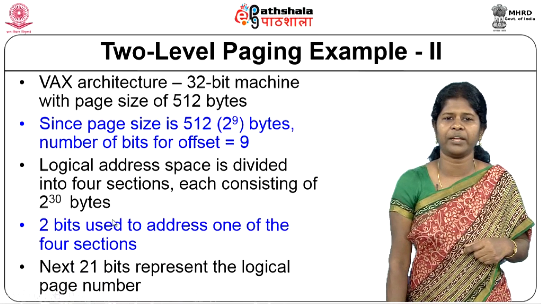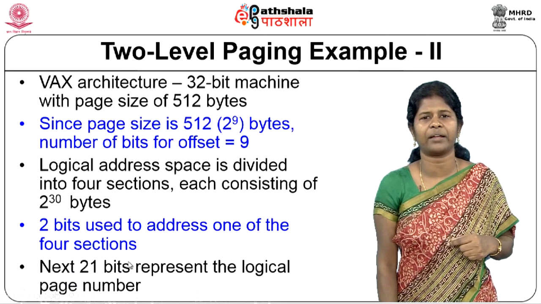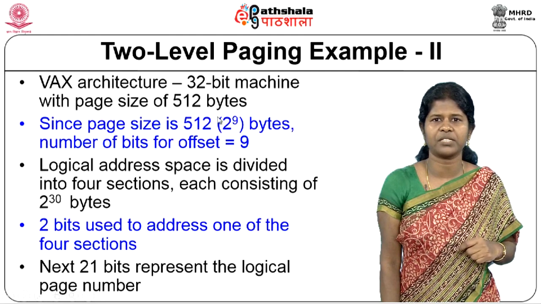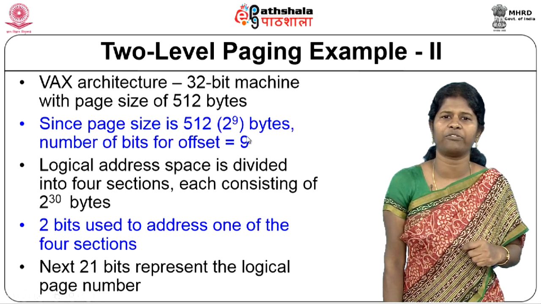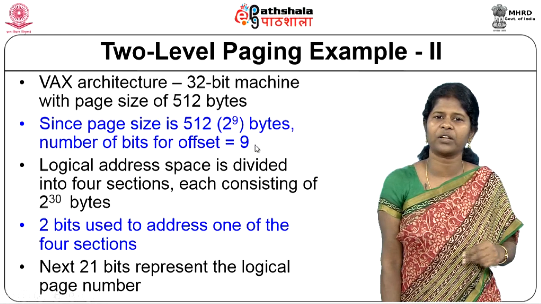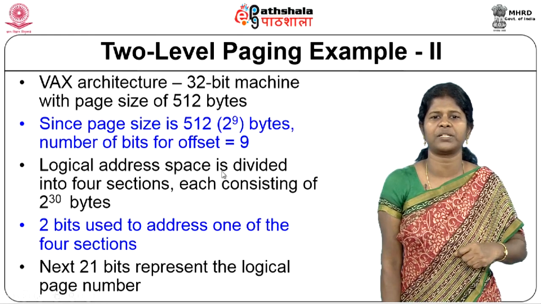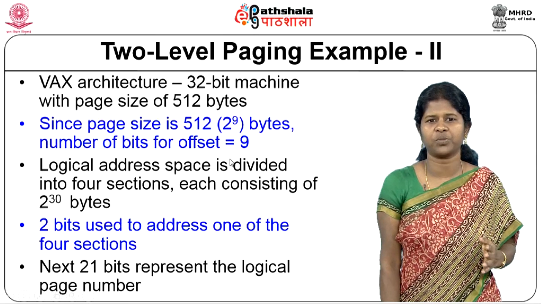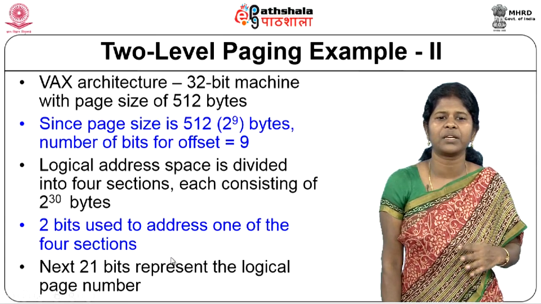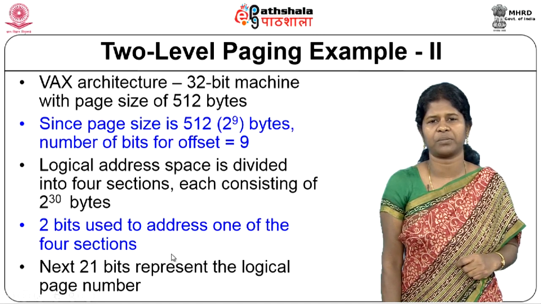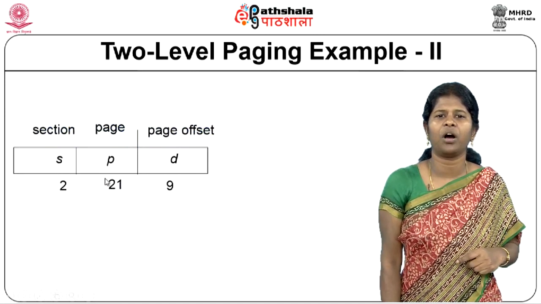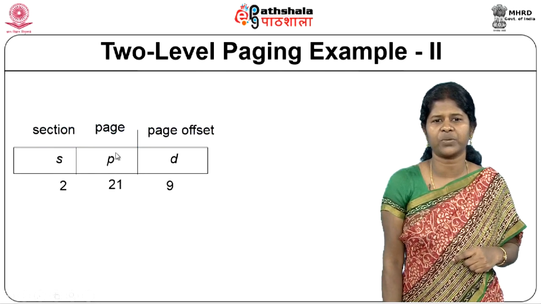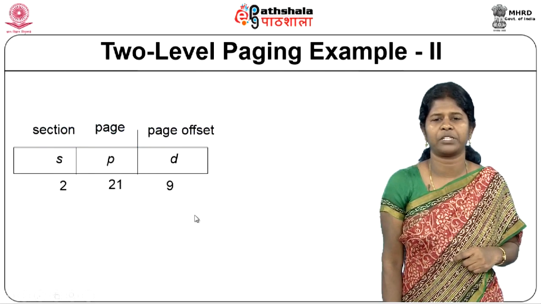Totally you have 32 bits, of which 9 bits will go for the offset and 2 bits will go to address one of the 4 sections. So, 11 bits, and from 32 minus 11, that is 21 bits will represent the logical page number. So, this is another example of two-level paging: 2 bits for the section, 21 bits for the page, and 9 bits for the offset.